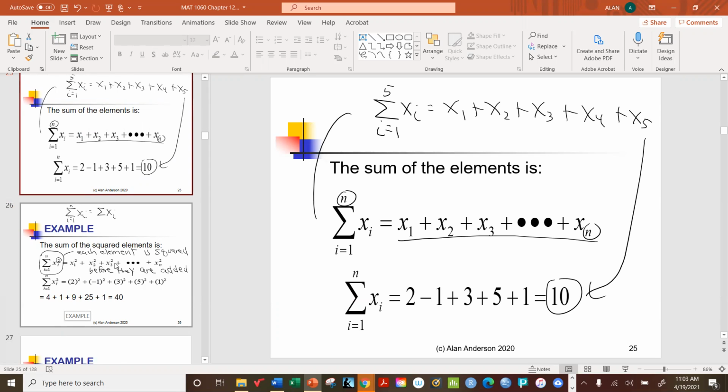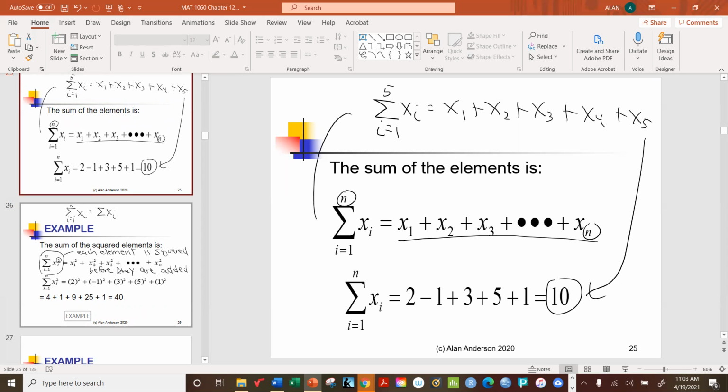Okay, now, we can extend the summation operator to other cases. And we're going to do this now because we will need these cases for our later formulas in this chapter. So we're not just doing this for the fun of it, although it certainly is fun.